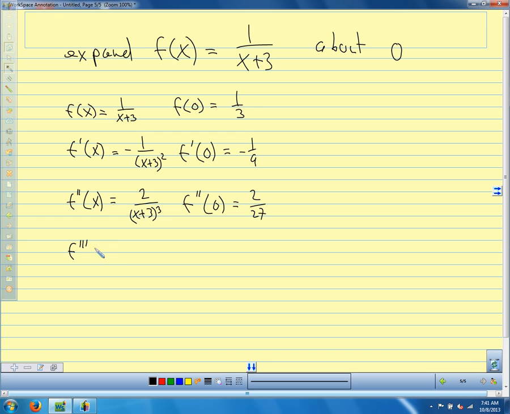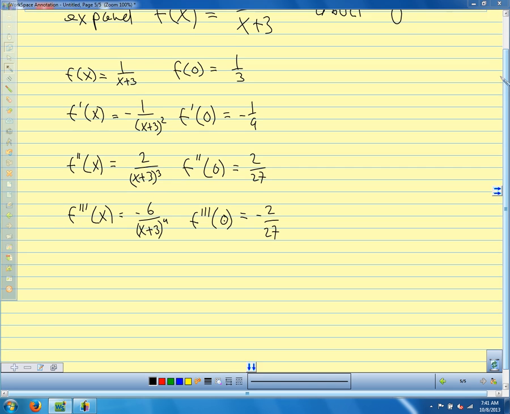And take our third derivative. We get minus 6 over x plus 3 to the fourth, and our third derivative evaluated at 0 is minus 2 over 27. So then my polynomial P0 is just 1/3. My first Maclaurin polynomial would be 1/3 minus 1/9 x.